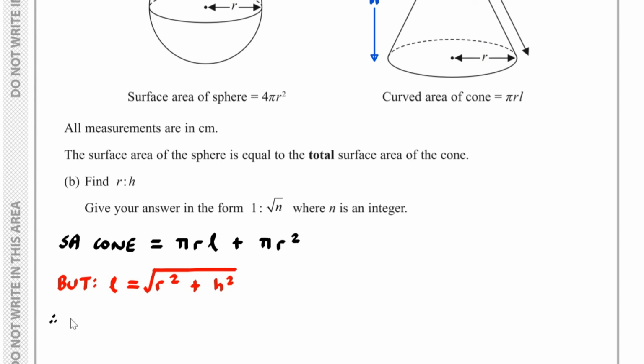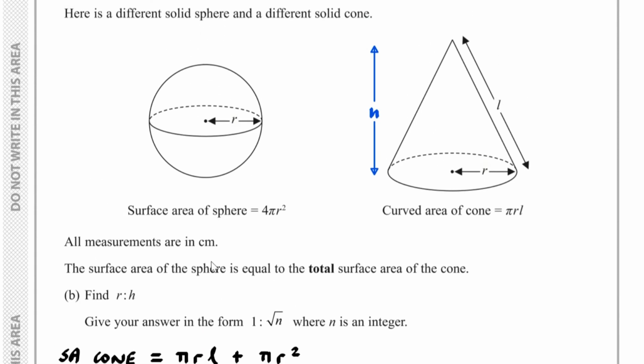So therefore, the surface area of the cone, we would have pi r times by the square root of r squared plus h squared plus pi r squared.